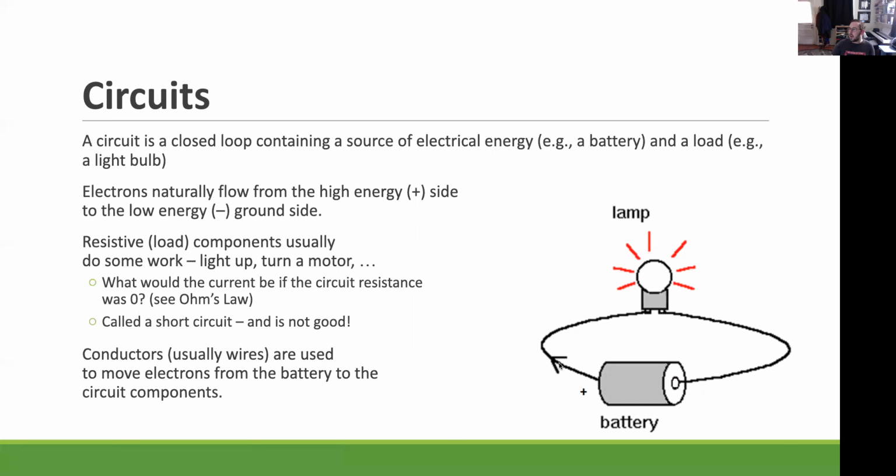So just about everything has some little resistance built into it. Wires have resistance, very low resistance. Air has resistance. You have resistance. Every little thing has some element of resistance.